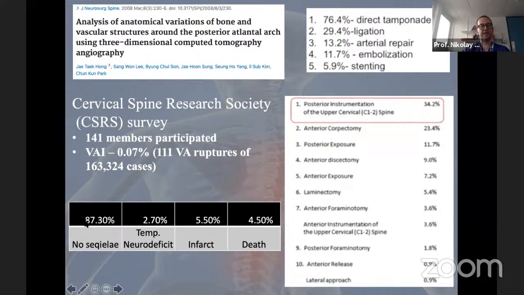You can see here that 87% didn't have any sequelae following vertebral artery rupture, but still a significant percent, about 5, died out of this 111, so still a very serious complication, and you have to think seriously about that before, and you have to try to avoid it.